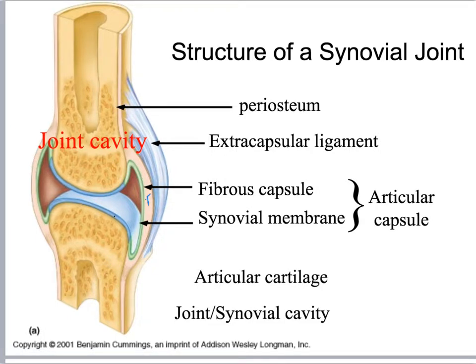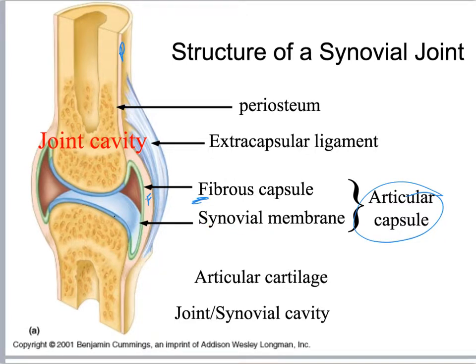So right here, that is the fibrous capsule of the articular capsule, and then right here, that's P for periosteum, okay? And this is what the body does, it does a lot of continual, gradual transitions from one area to another. So it goes fibrous capsule, then it gets thinner again, and it becomes the periosteum, okay? Now, the inner lining of the articular capsule is done in green, and that is the synovial membrane, okay?